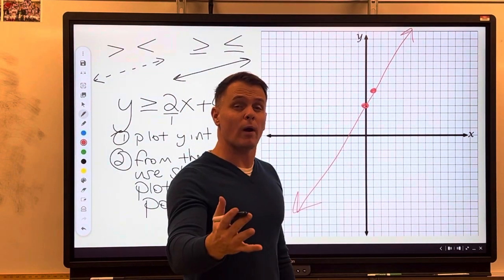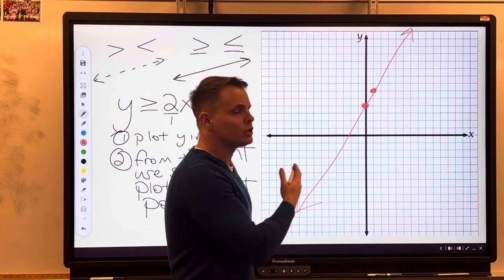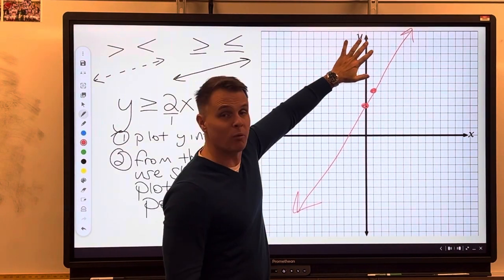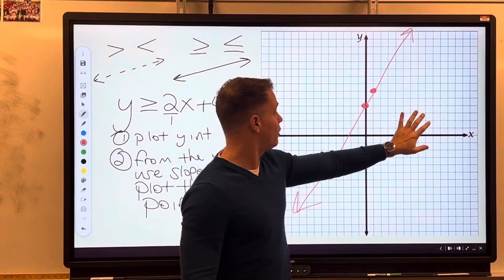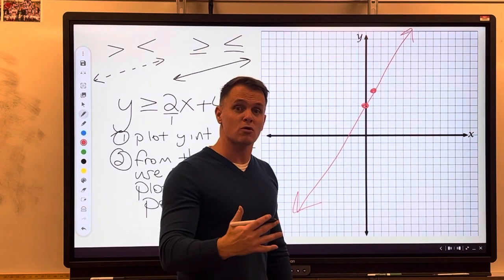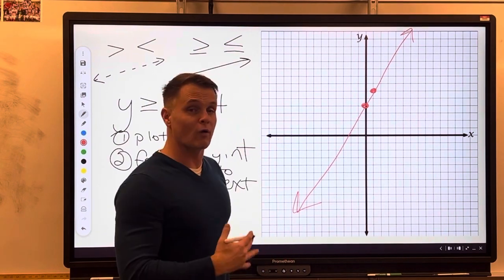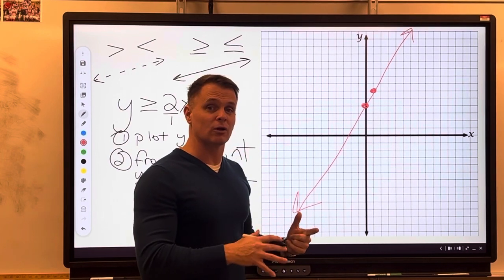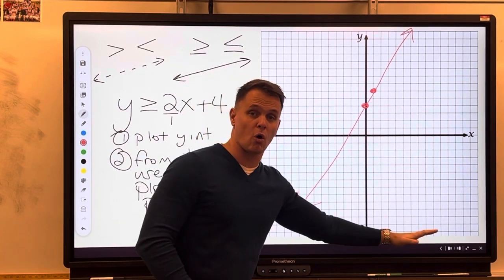Now, the easy way to do this is by looking at it and saying these are all the points above it, and these are all the points below it. So if it's greater than or equal to, it's above, and if it's less than or equal to, it's below.